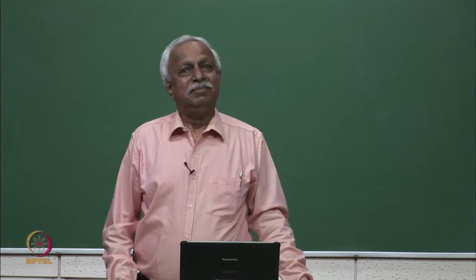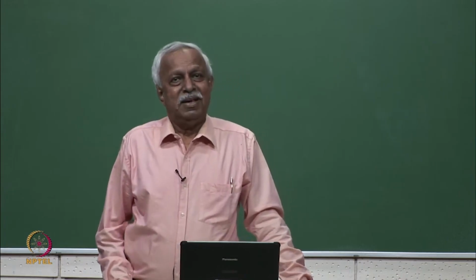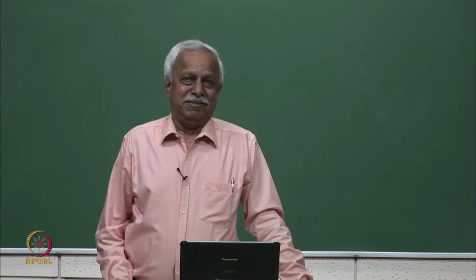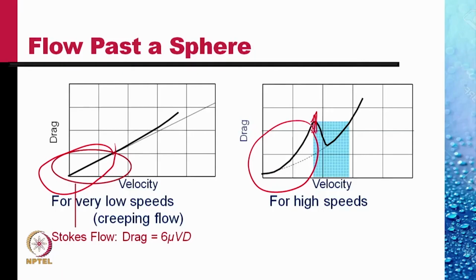What is happening? Simple. At lower velocities, the boundary layer flow is laminar, but at the larger velocities, the boundary layer flow is turbulent.